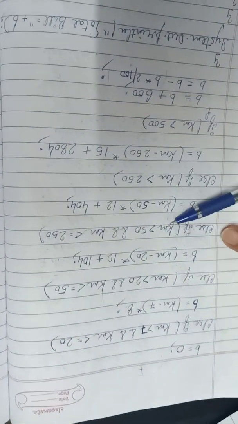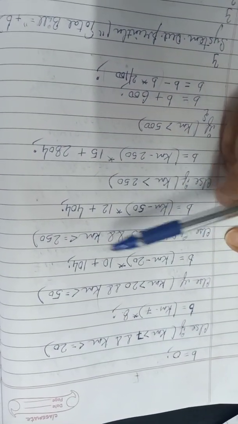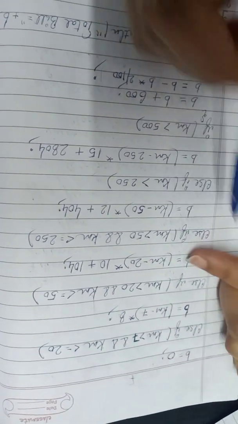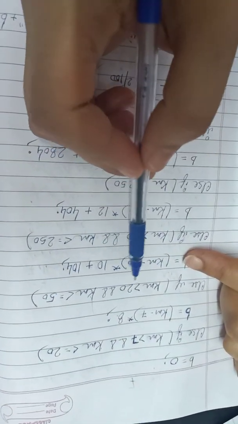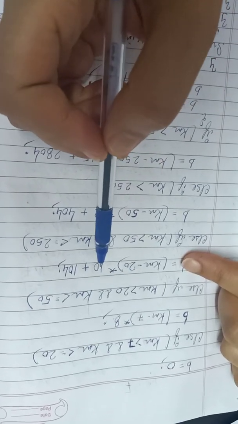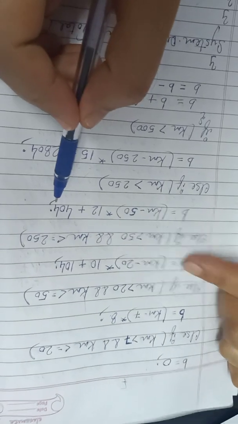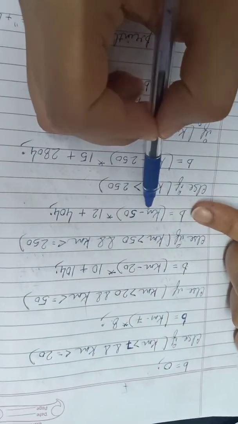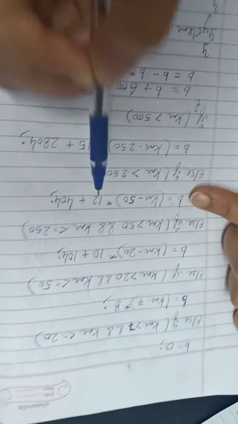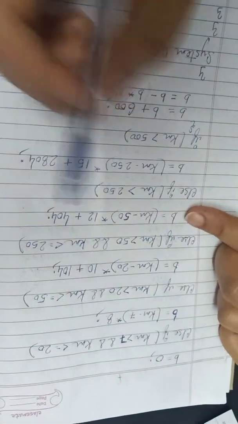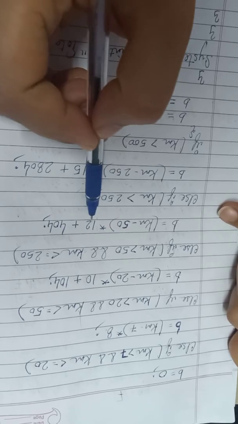Now next is kilometer greater than 50 and kilometer less than or equal to 250. Again 50 minus 20 is 30, and 30 into 10 is 300. 300 plus 104 is 404, and for this, (kilometer - 50) into 12, because for this condition the charge is 12 rupees per kilometer.